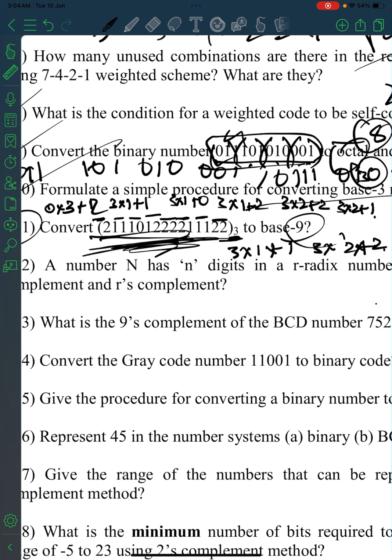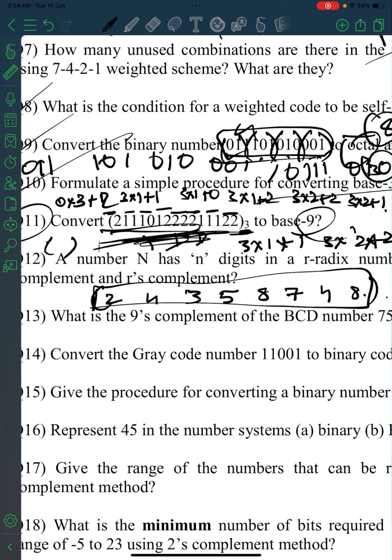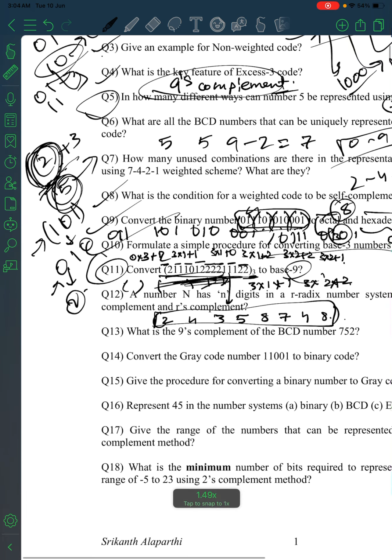If you do that, then you will be getting some pairs, right? You will get values like 2, 4, 3, 5, 8, 7, 4, 8. So in this manner you will get the pairs for these numbers. These are the output resultant values.